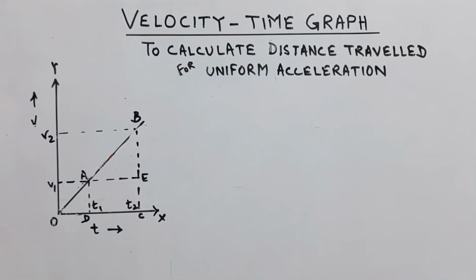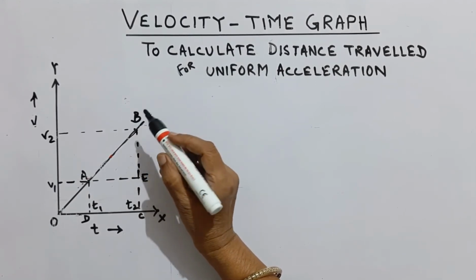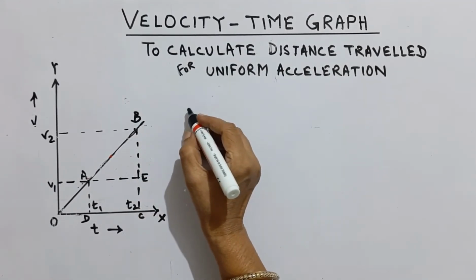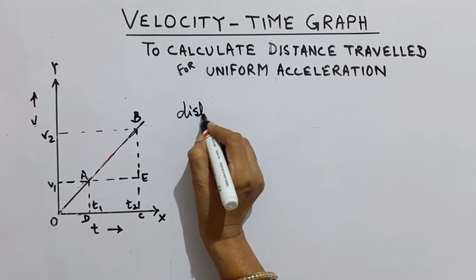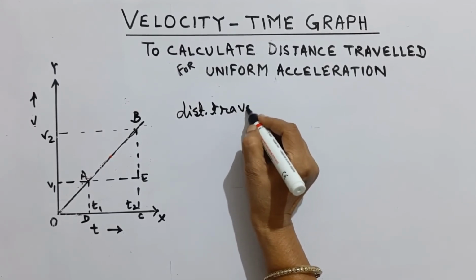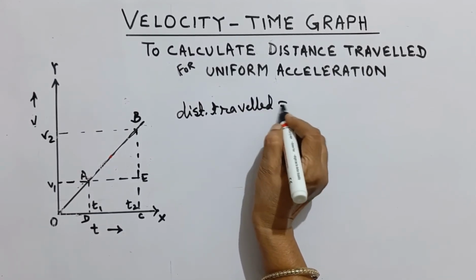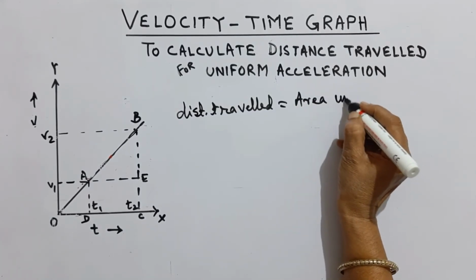Here again, just like the previous case when the velocity was uniform, the distance travelled is given by the area under the graph.